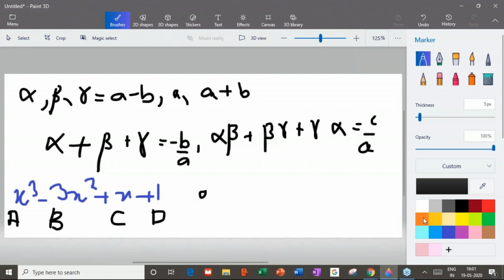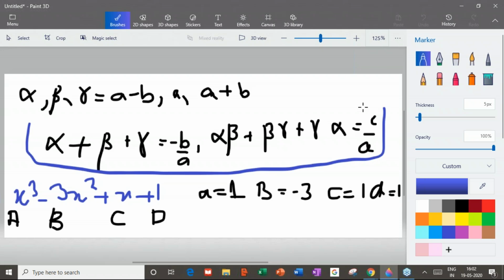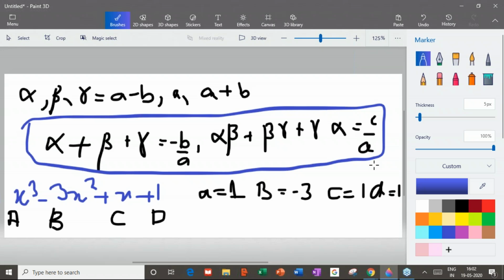So a is 1, b is minus 3, c is 1, and d is also 1. So just substitute these values in these two equations I have written here. You should arrive at the value of a and b. That's all you have to do. You are being given alpha plus beta plus gamma. So a minus b plus a plus b is equal to minus 3 by 1. That will be one of the equations.